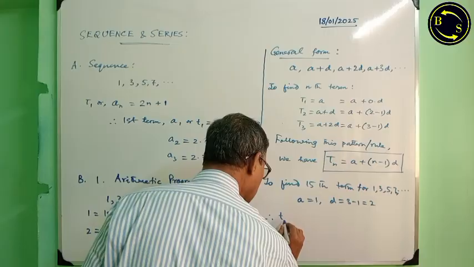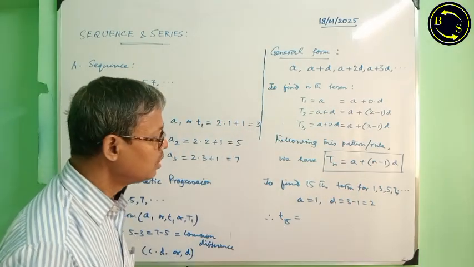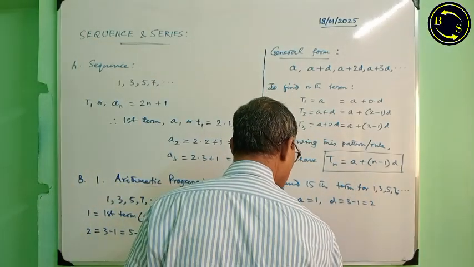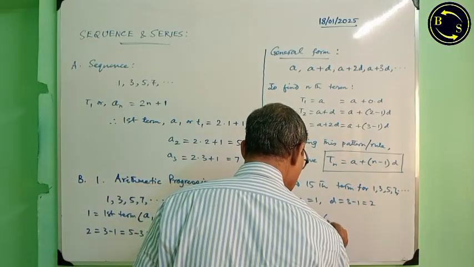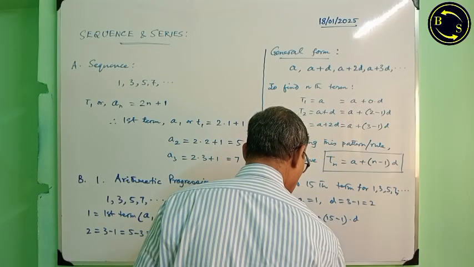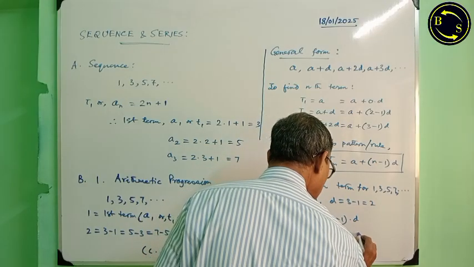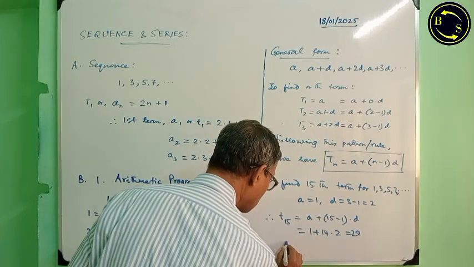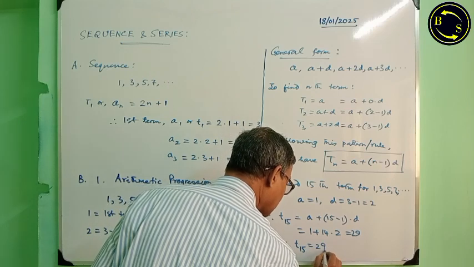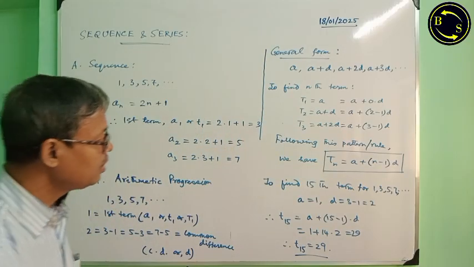Therefore T15, the symbol for the 15th term, or you can write A15, you use this formula, a plus 15 minus 1 into d. Now I put the values, and we get 29. This is one example.